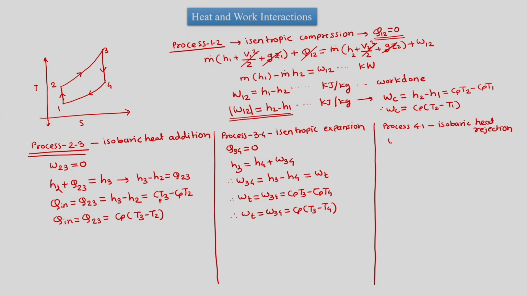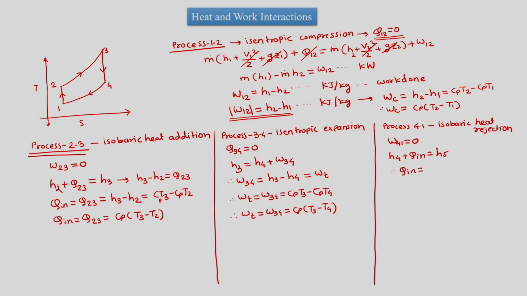So for that we have W41 is equal to 0, since it is only a heat interaction process. Further, we will also neglect potential and kinetic energy changes. Consider specific quantities, so it leads to H4 plus Qin is equal to H1.